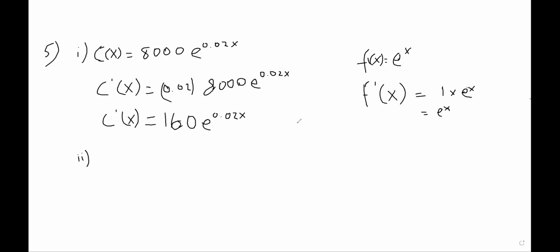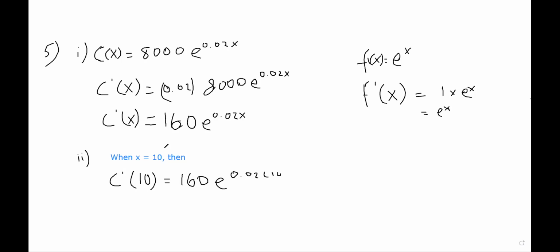So the second part: when x is equal to 10, then our C prime of 10 is going to be equal to 160 multiplied by e raised to the power of 0.02 multiplied by our x, which is 10, so let's write back 10.